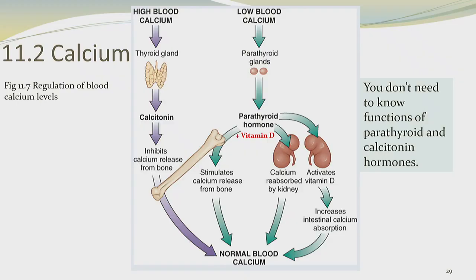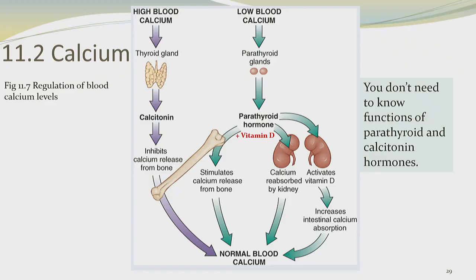Normal calcium levels can also be restored by increasing calcium absorption from the small intestine as well. And then if much more calcium is needed, you will have release of calcium from the bone, and this is what we call bone resorption.